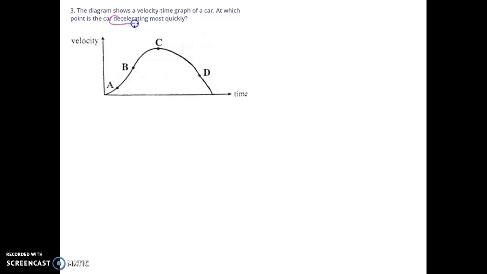First of all, when we use this term decelerating, really what we're talking about is negative acceleration. Now, really, there's only one concept here, and that's acceleration. But oftentimes when we're talking about a negative acceleration, sometimes people will use the word deceleration, even though we prefer to talk about acceleration.